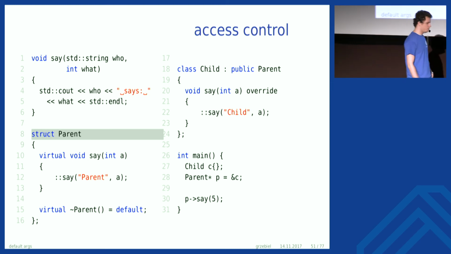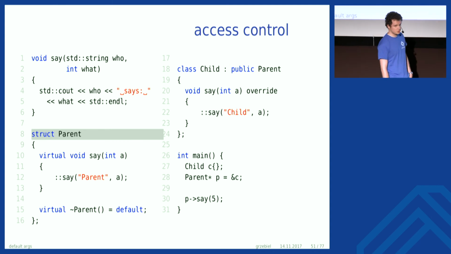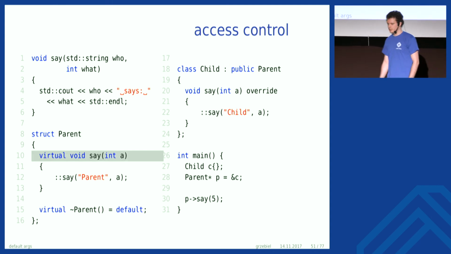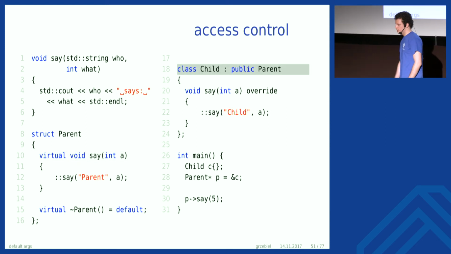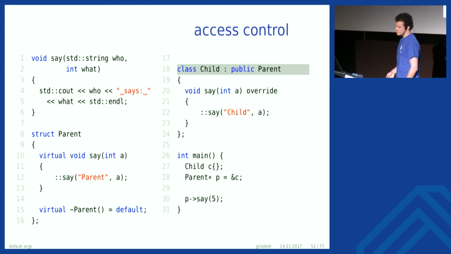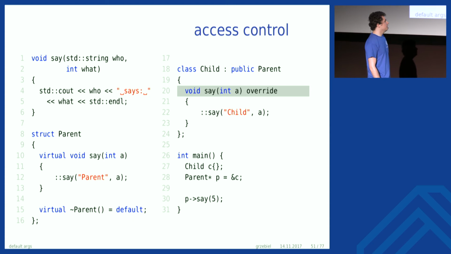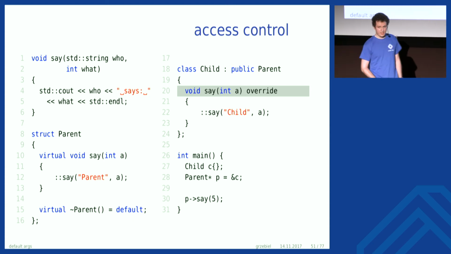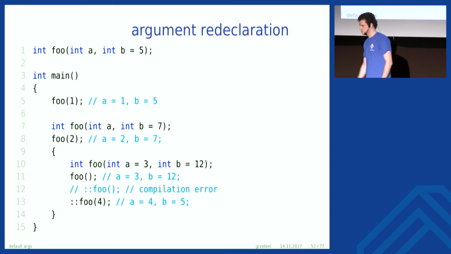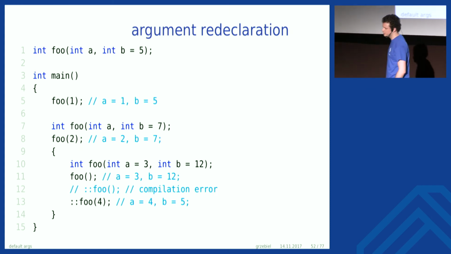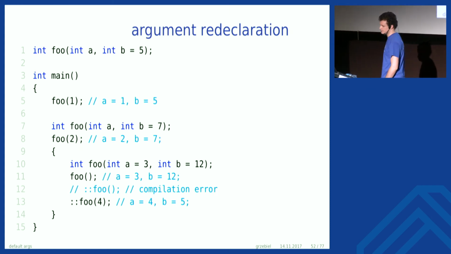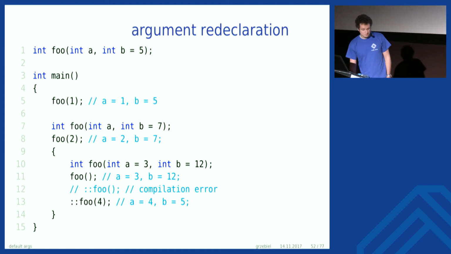So we have a parent that is declared as struct. Therefore, our virtual function say is public by default, and child is defined as a class. Therefore, all the members are private by default, so our function say is private, and the proper function is called anyway. So this is a small digression regarding classes. Okay, back to default arguments.